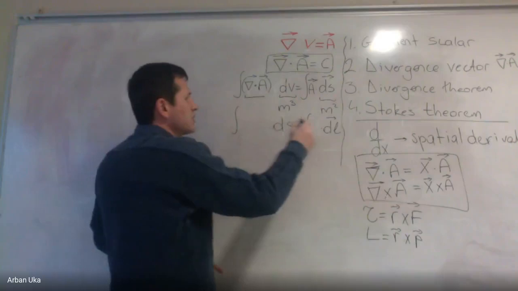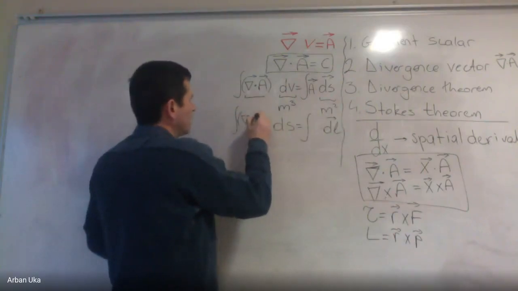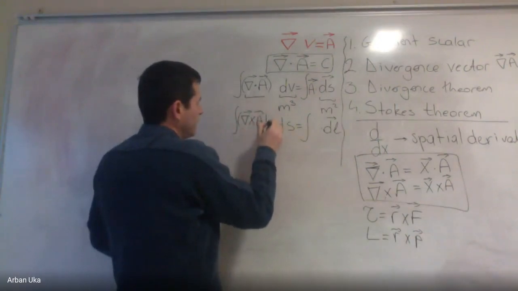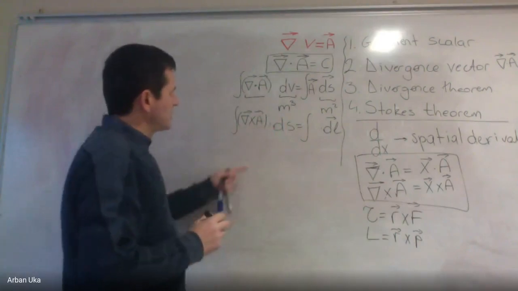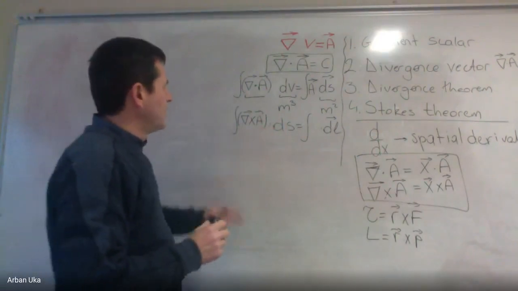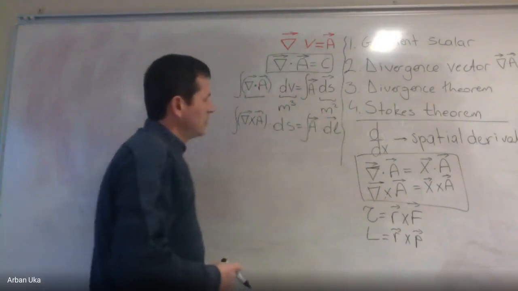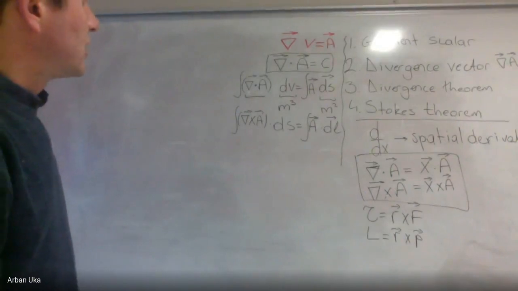Now, for Stokes' theorem, which is the fourth one here, we have that the curl of any vector field A, this is a vector, dot dS, which is the surface area, is going to be equal to the line integral of a vector A dot dl.